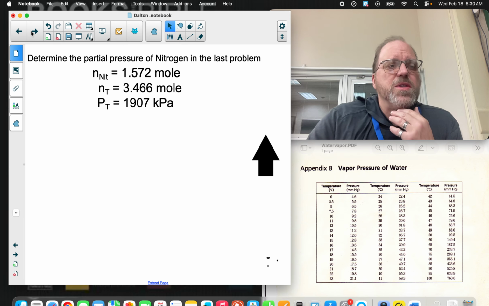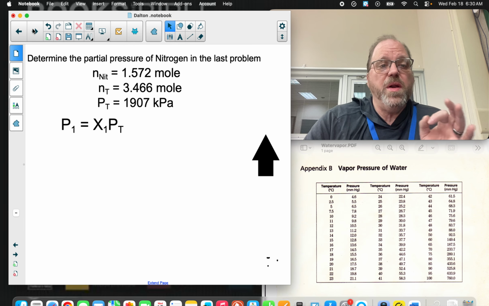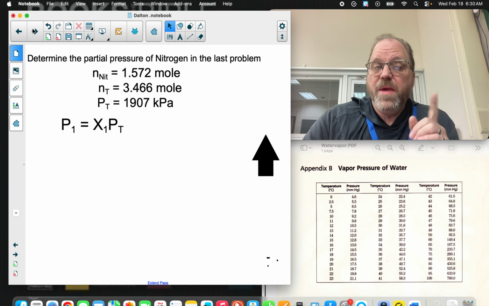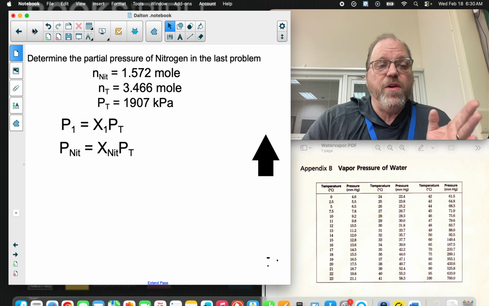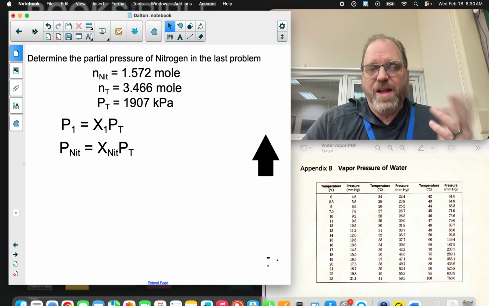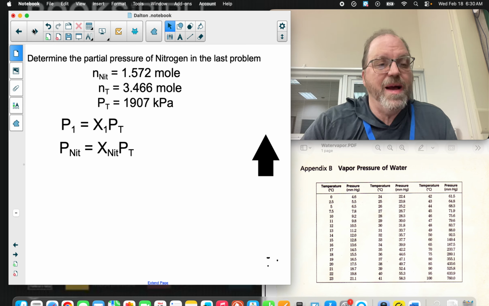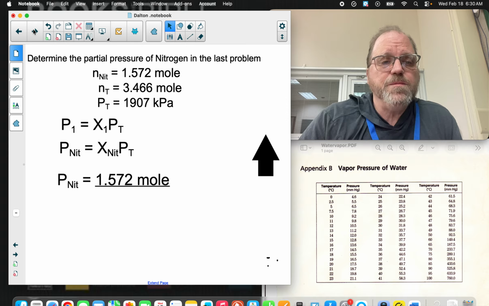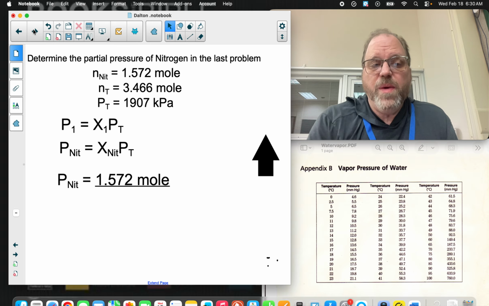There we go. So we take Raoult's law, P1 is equal to X1 times P total, and we're trying to find it for nitrogen. I don't want to put N2 down there because it's not going to work. So X1 is going to be 1.572 over 3.466.